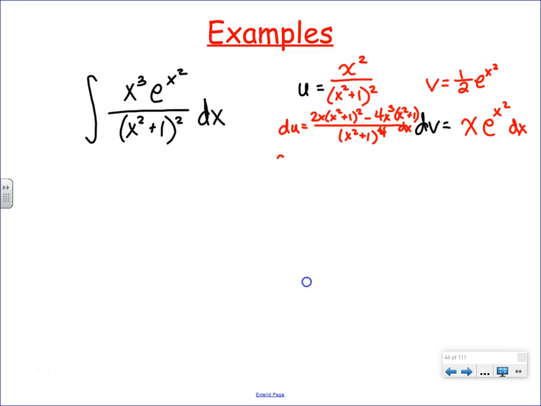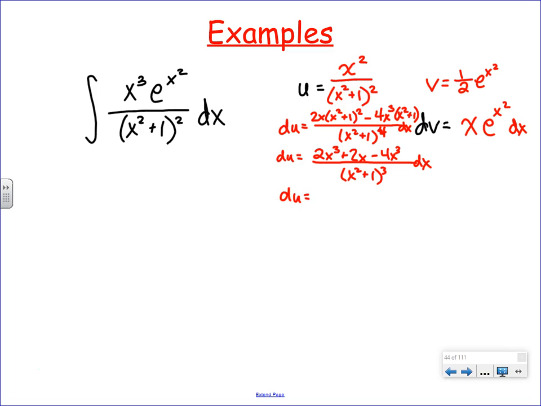Then du is equal to, one of these is going to be left, that's going to be 2x cubed plus 2x. That x squared comes out, and then x squared plus 1 to the third, and then we have minus 4x cubed dx.